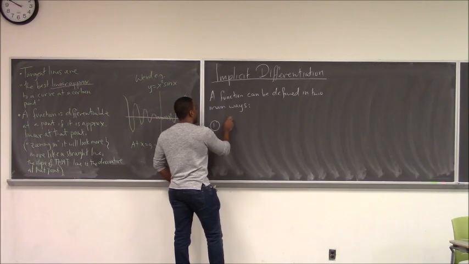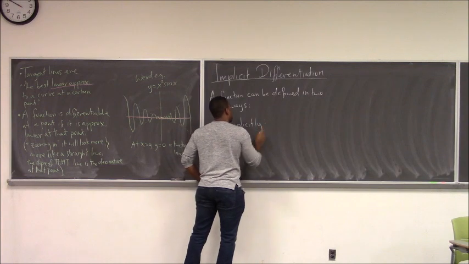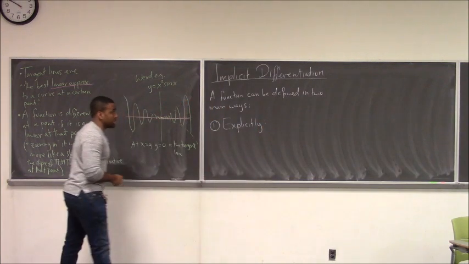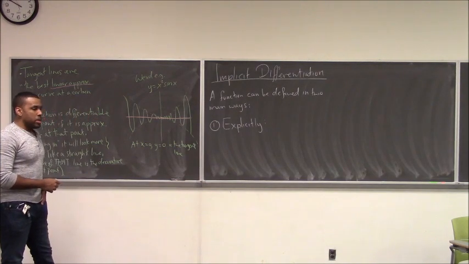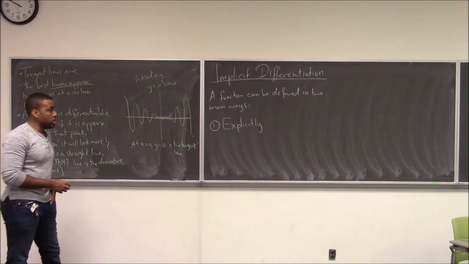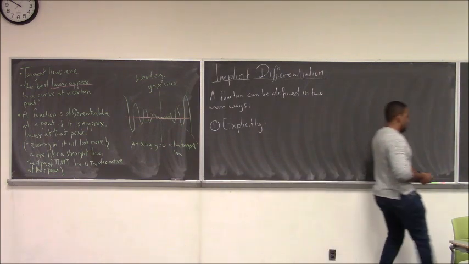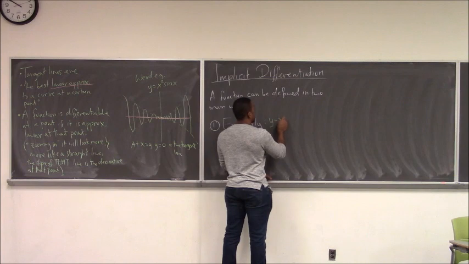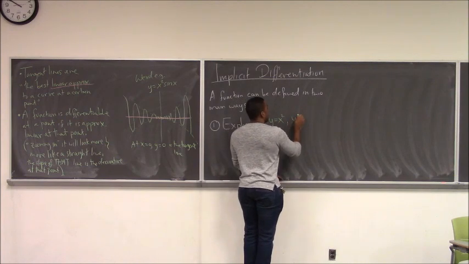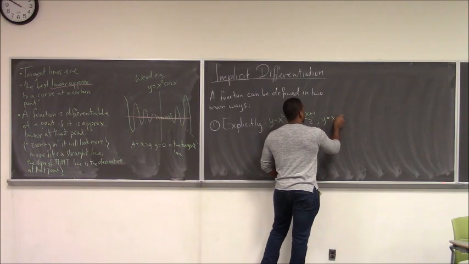One is called explicit. A function can be defined in a manner that we call an explicitly defined function. This is basically when the dependent variable is solved for completely in terms of the independent variable. It's explicitly out in the open, and so it's essentially the functions we've been looking at the whole time. It's like y equals x squared, or y equals x plus 1 over 2, or y equals x e to the x.